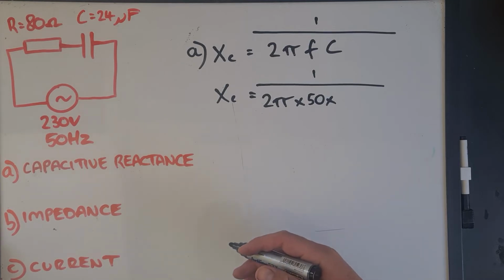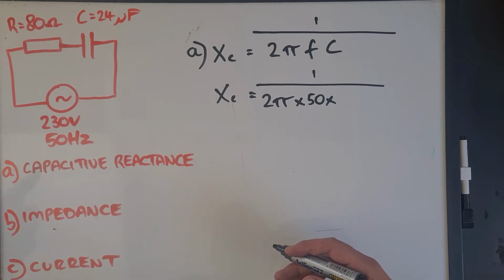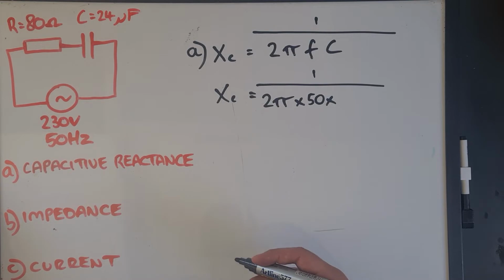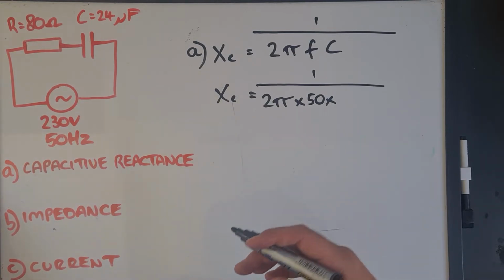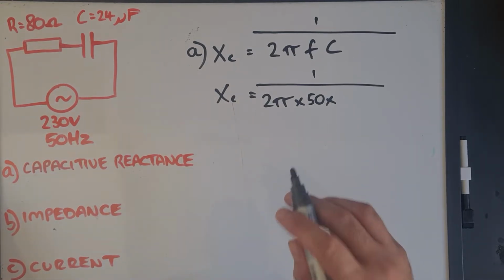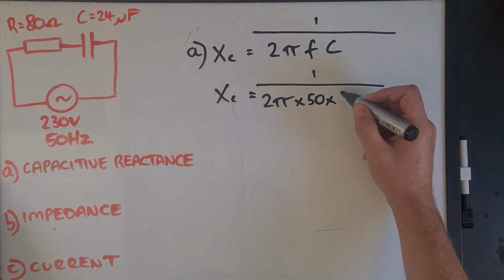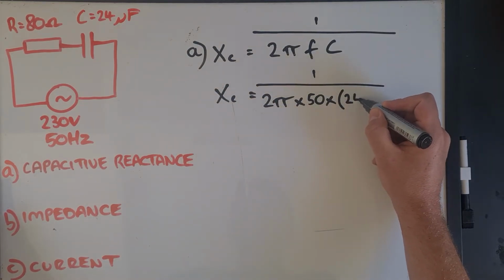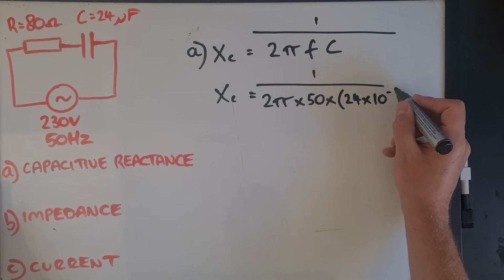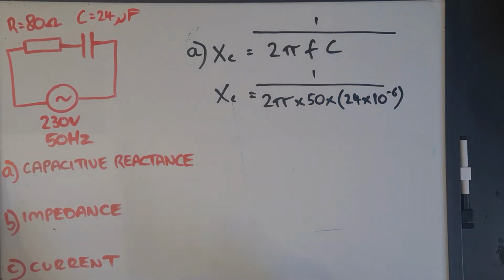Just one thing to look out for here: that value is presented to us in microfarads. In order to use it in our equation, we need to convert that from microfarads into farads. The way we do that is we take that number of 24 and multiply it by 10 to the power of -6.